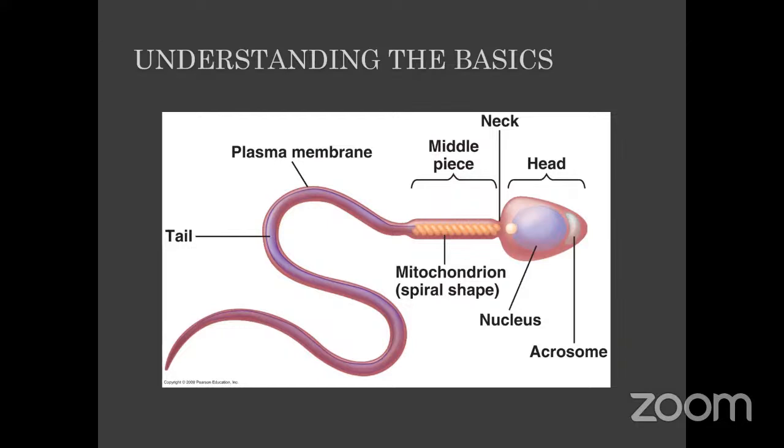The tail is what helps the sperm move in a forward direction. The midpiece contains the mitochondria that give energy for the sperm to move forward. And the acrosome, or the tip of the head, has a structure which helps it fuse with the egg to form the embryo. Next slide.